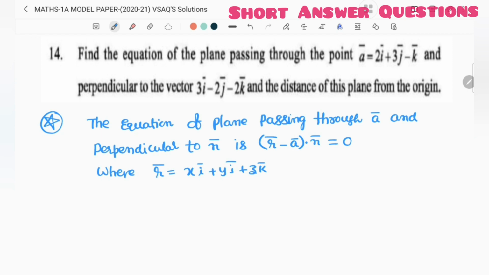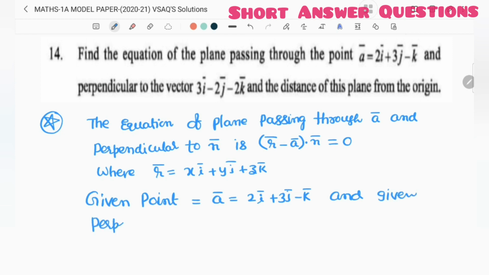Now according to the question, given point a bar equal to 2i plus 3j minus k, and the given perpendicular vector is the normal vector n bar equal to 3i minus 2j minus 2k.